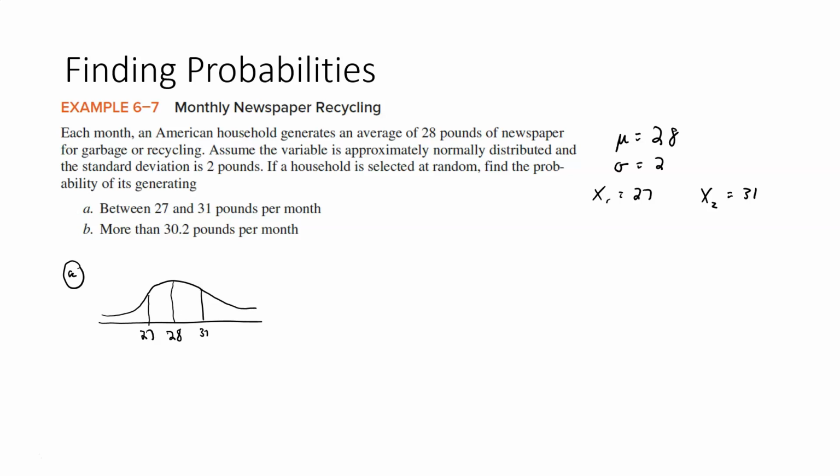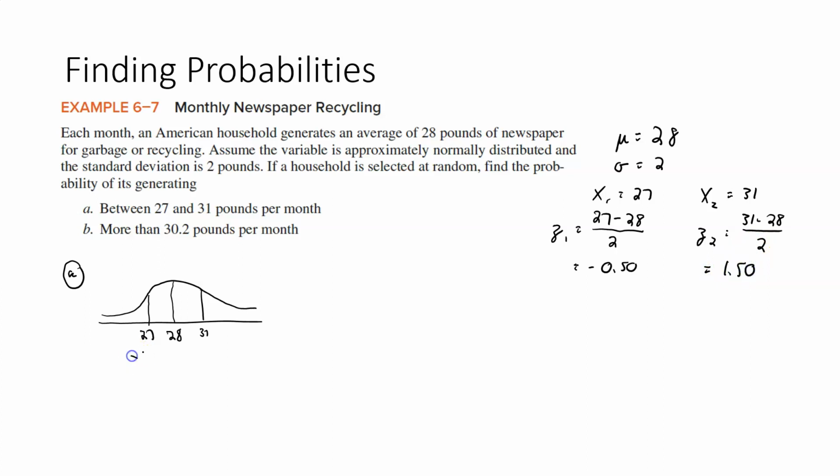Starting with 27, Z1 is equal to 27 minus 28 over 2, which is negative 0.50. Z2 is 31 minus 28 all over 2, which is equal to 1.50.